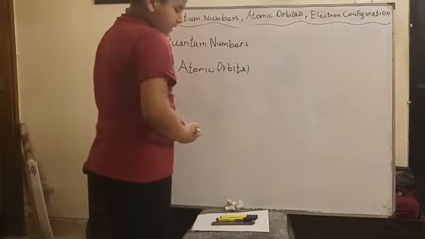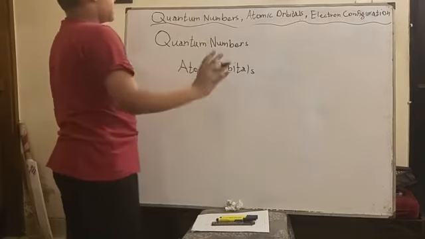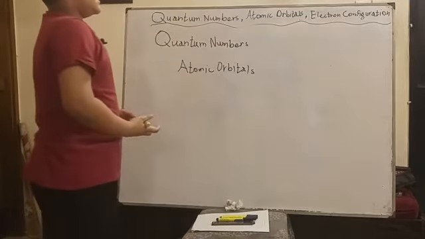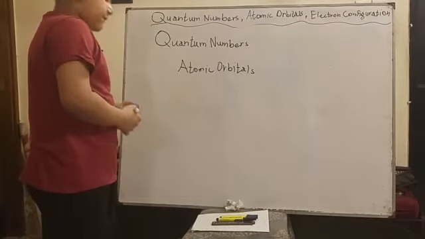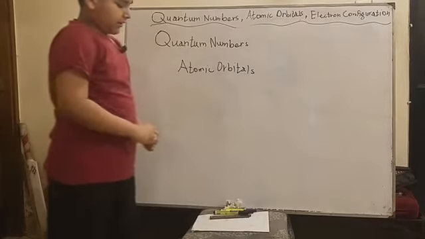So, for this, we have to also understand that there are four types of atomic orbitals: S, P, D, and F, which all of them are very weird looking.